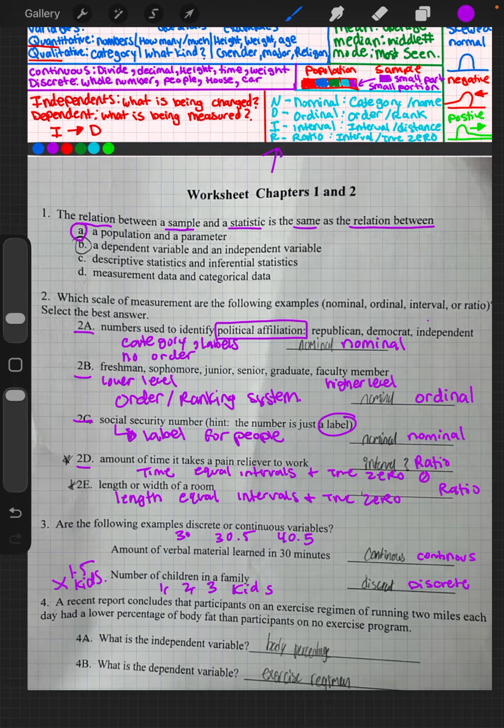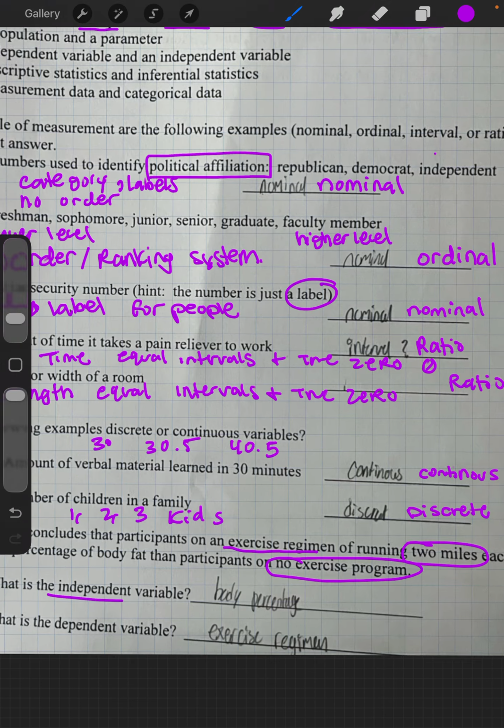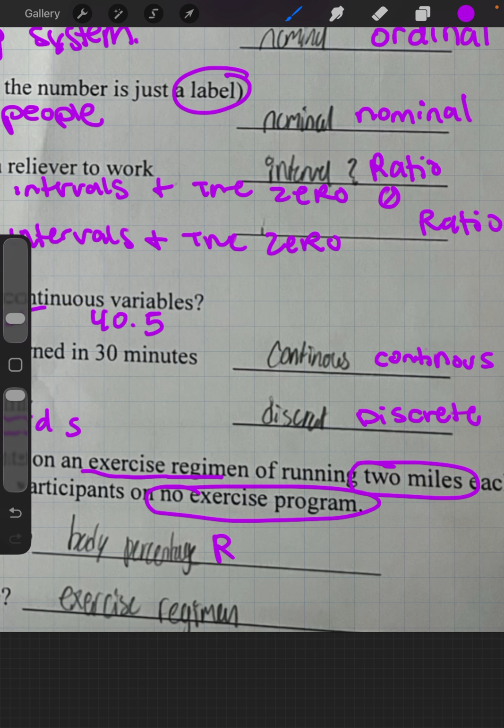A recent report compares exercise remission of running 2 miles or people who don't exercise. So the independent is gonna be what is being changed. So what's being changed in this case is running or not running.